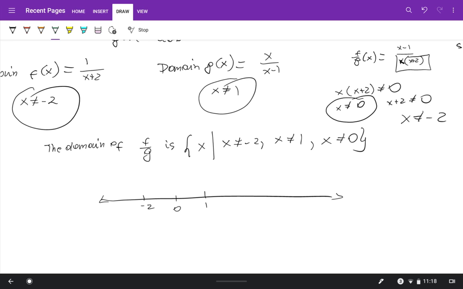That means you can pick any x you want except those three values. So this is domain, this is domain, this is domain, and this is domain. Using interval notation, you say from negative infinity to negative 2, union negative 2 to 0, union 0 to 1, union 1 to positive infinity. So this is interval notation.